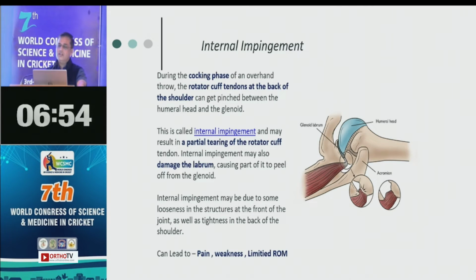During that cocking phase with extreme external rotation, the rotator cuff tendon and the posterior part of the capsule can get impinged, within the glenoid cavity and the posterior part of the humeral head. This can lead to tightness of the posterior shoulder capsule as well as partial tearing of the rotator cuff. The symptoms would be pain, weakness, and limited range of movement.